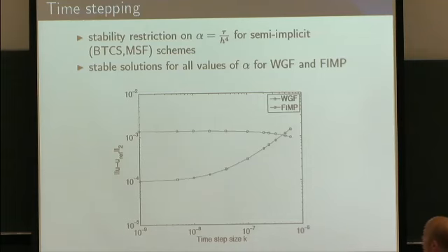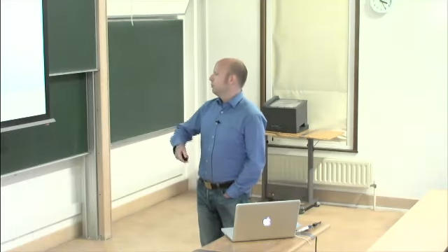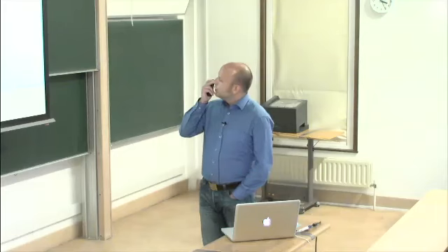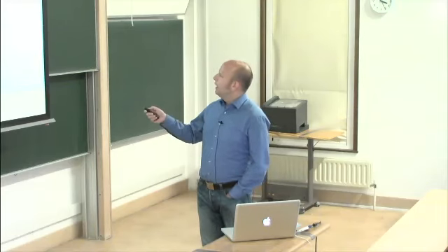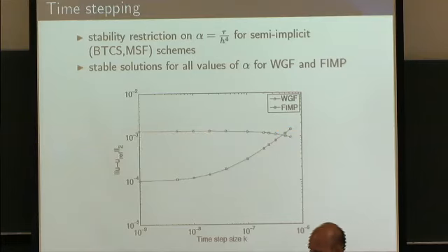And what you see here is that for the fully implicit scheme, the error goes slightly up as you take larger steps, which is natural. For our scheme, it's a little bit odd that the error does not seem to really depend on the time step. But our interpretation is that the error of our scheme at this moment is largely dominated by the spatial resolution.